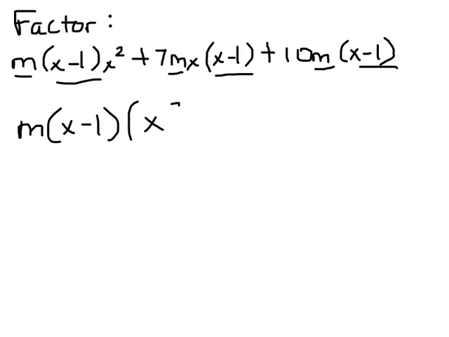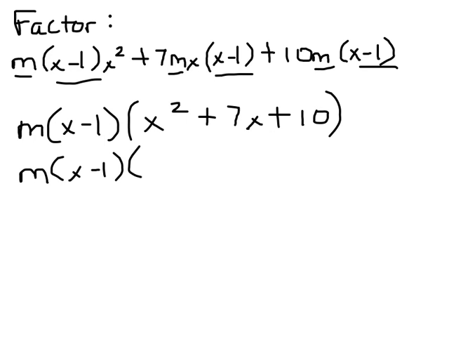We have x squared plus 7x plus 10. We'll bring this down, and this is what we're going to break apart. X, there, everything's positive. The factors of 10 that would give us 7 would be 5 and 2. And there you have it.